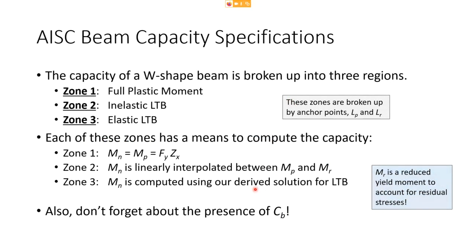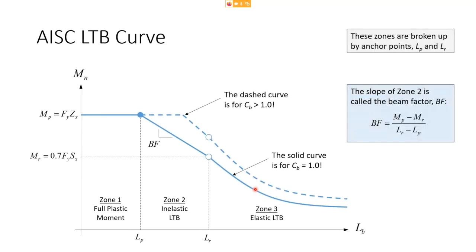Now, don't forget, there is also this term CB, and remember, CB is always greater than or equal to 1, okay? So let me just show you the curve. This is the lateral torsional buckling curve for a wide flange section. So again, this is zone 1. Here on the x-axis, we have the unbraced length.